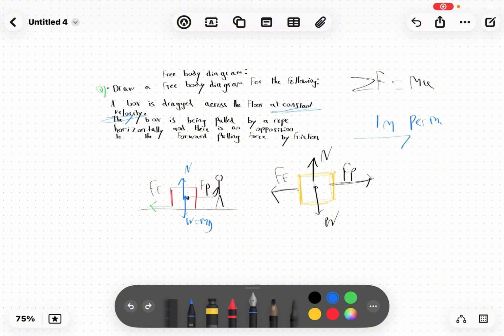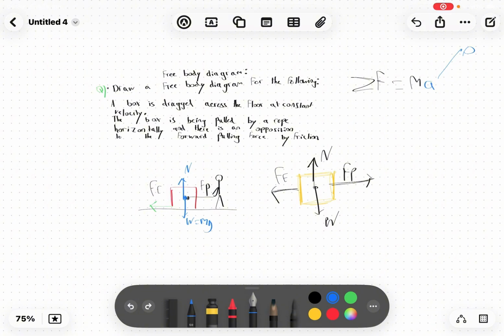Every second it goes only 1 meter, not slower, not quicker. That's how fast it goes, which means it doesn't have any acceleration. Acceleration is when it gets bigger or slower. So the acceleration equals 0 because it's going constantly, at constant velocity.